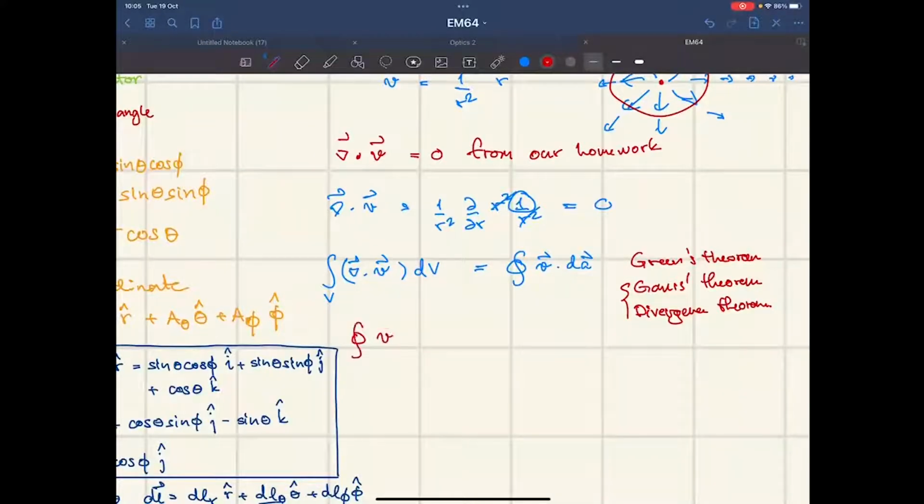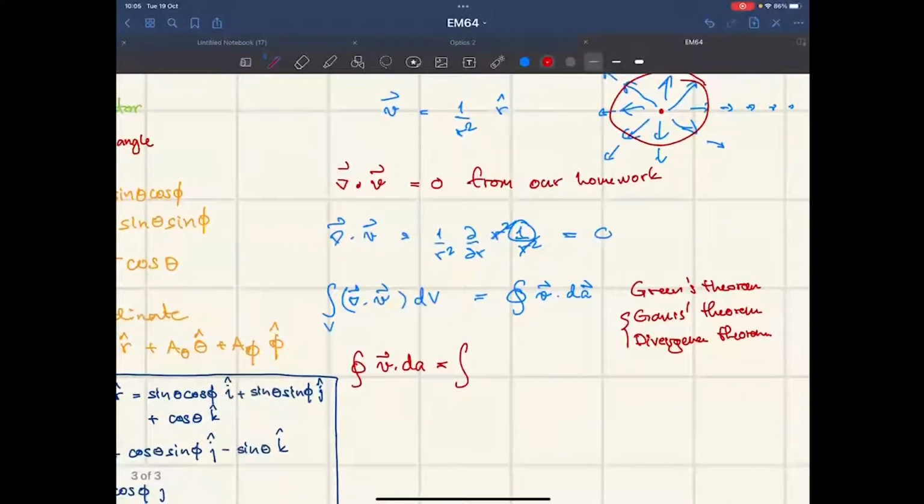First, we have v dot dA, which equals the integral of the vector, which is 1 over r squared. Let me put r prime here, and this is the unit vector r dot dA.